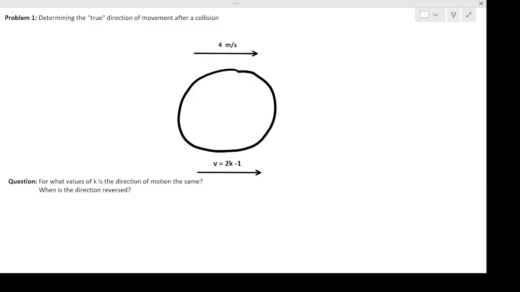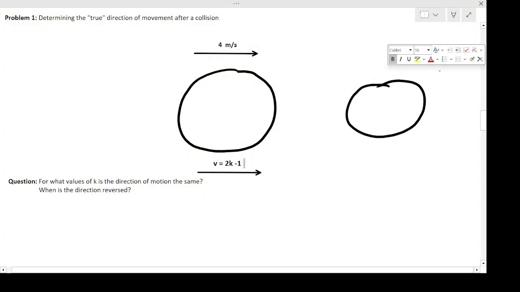What could happen is, we don't know what the actual number for the speed is. It's just an algebraic expression, 2k minus 1. I don't know what k could be, anything. I don't know what actual number that could be. So what could happen is, we could actually get a negative number.